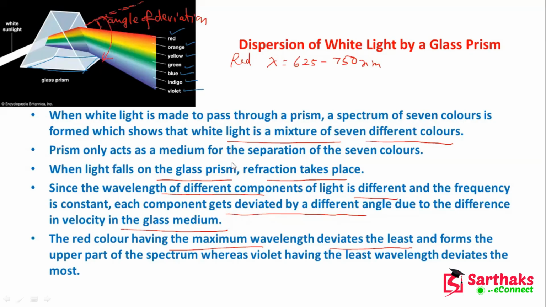So angle of deviation is highest for the violet color and angle of deviation is least for the red color light.